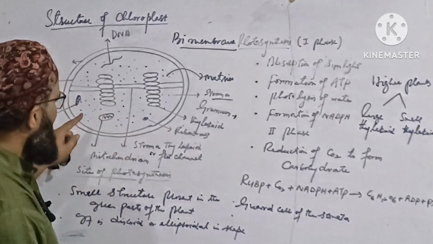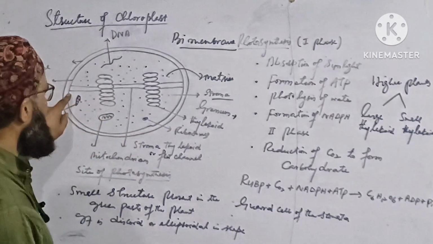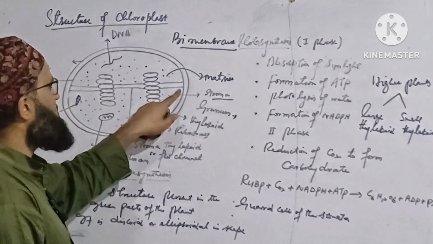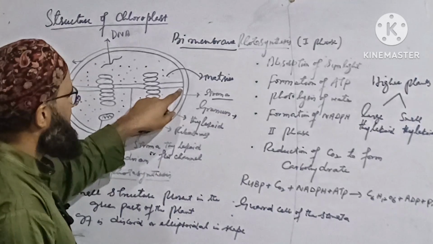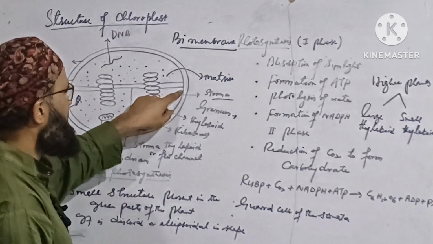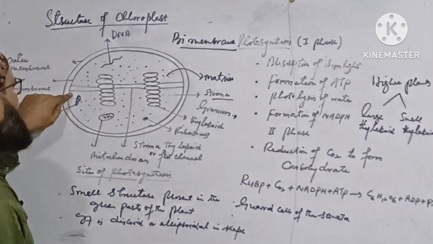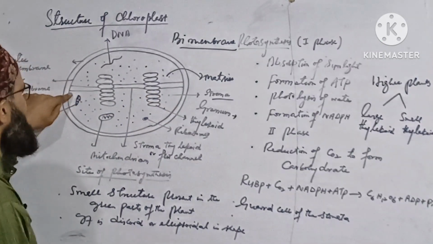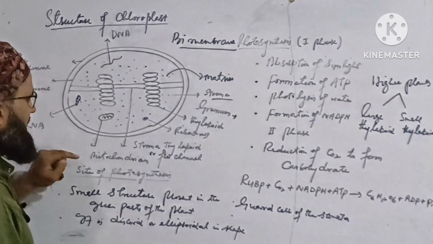That means one end of the stroma thylakoid is present here, and the other end is present here.